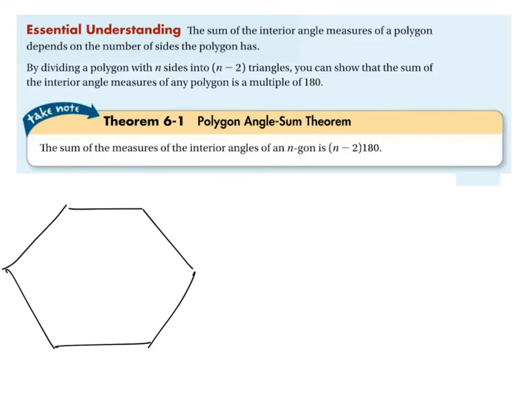Well, if I wanted to split this up into triangles, I could pick a vertex and I could draw a line to all the other vertices that aren't already connected to it, like this. Okay? And when I do, you'll see that the number of triangles that we get is exactly equal to the number of sides minus 2. Okay? We have a 6-sided figure and we have 1, 2, 3, 4 triangles when we make it up.